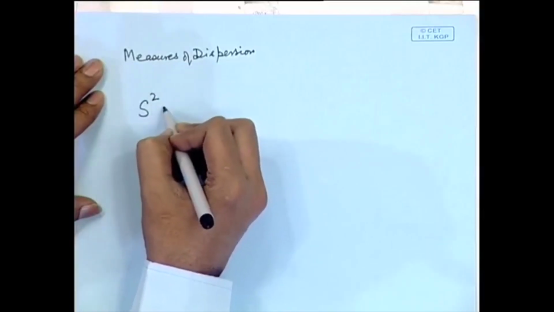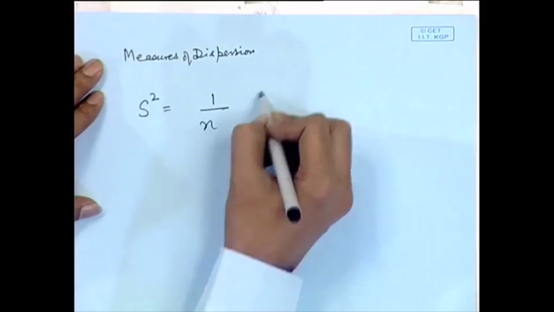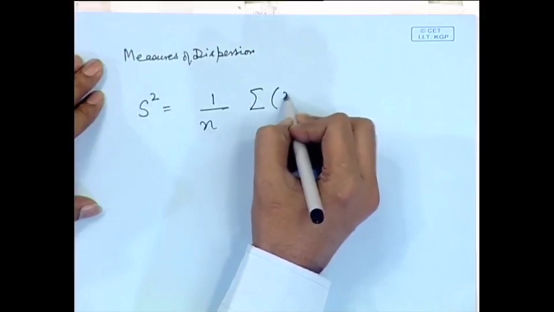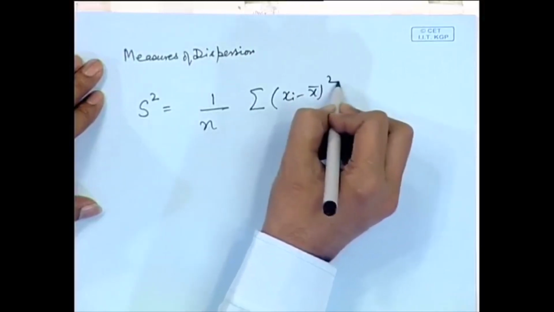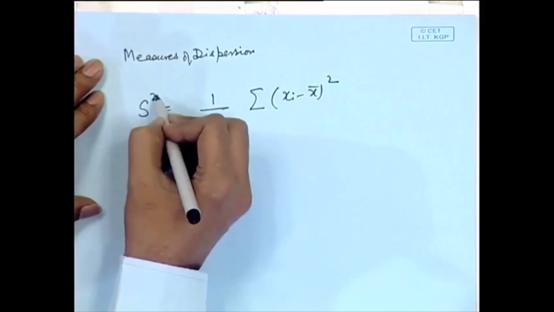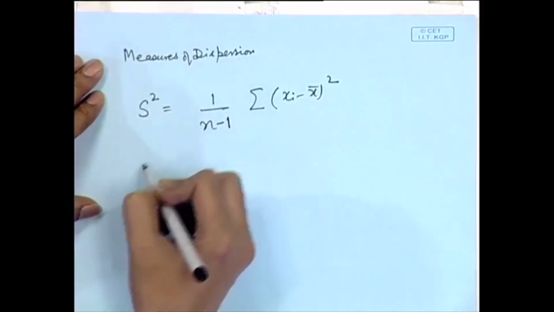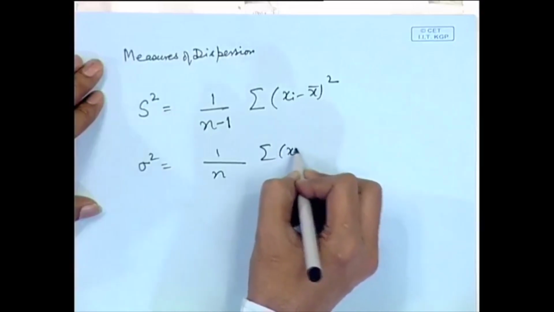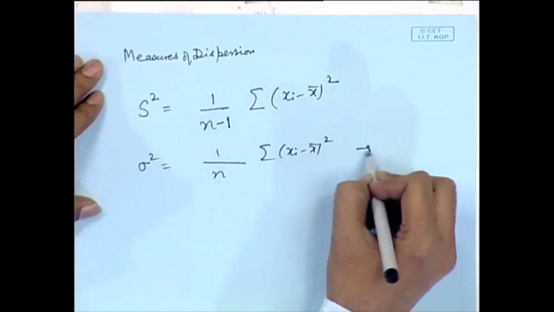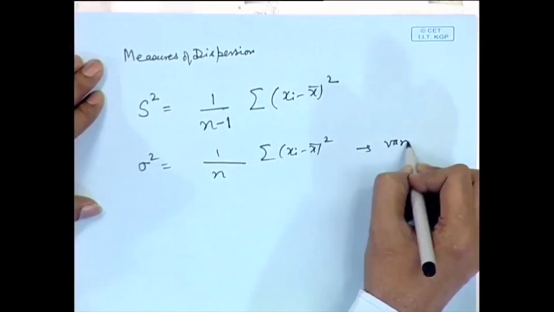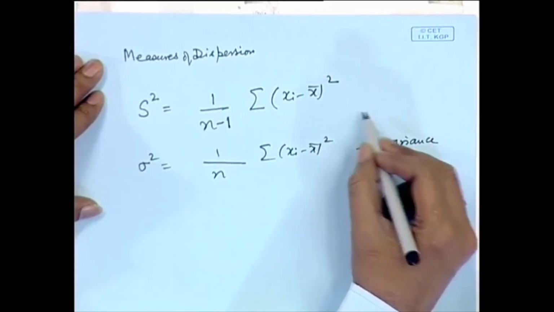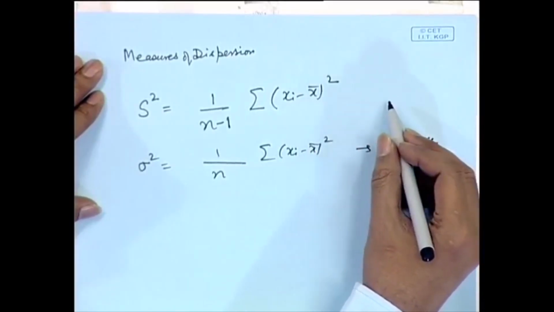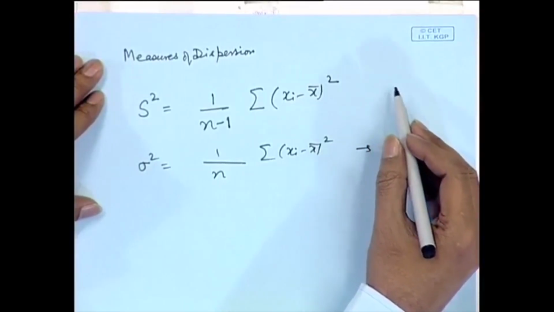We consider 1 by n sigma x I minus x bar whole square. Now, there are different notations for this. We may use 1 by n minus 1 here. Sigma square as 1 by n sigma x I minus x bar whole square is known as variance, and the one with n minus 1 is sometimes called the sample variance.